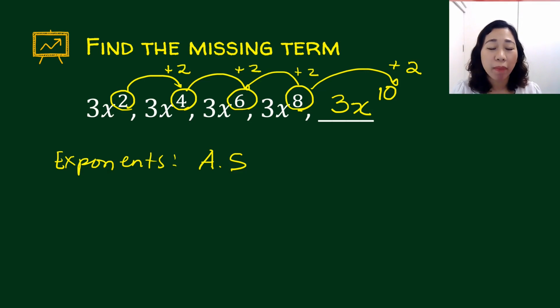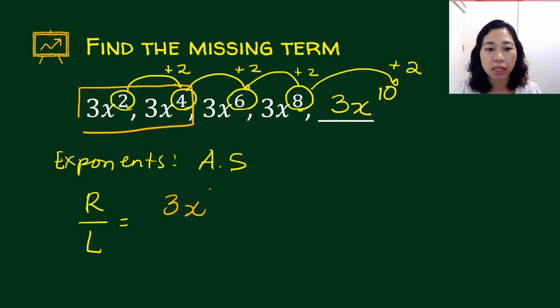Take note that this is a geometric sequence where the common ratio is, can you guess what that is? Okay, again, if you have difficulty just looking at it, you can get the right over left. I will get two terms, 3x^2 and 3x^4. Right term is 3x^4, left term is 3x^2. 3 over 3 gets cancelled. x^4 over x^2 is equal to x^2, right?